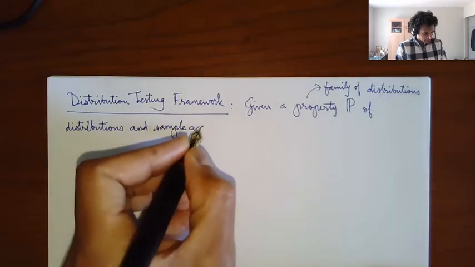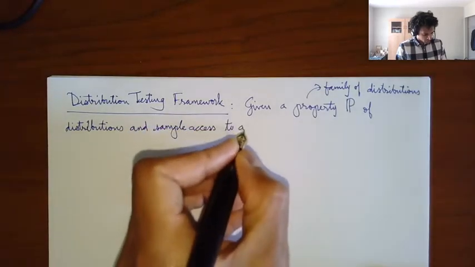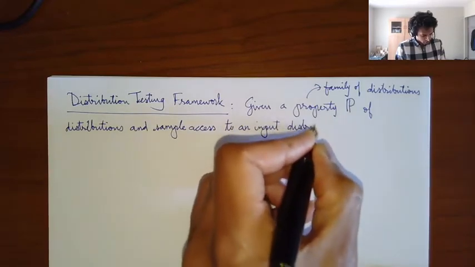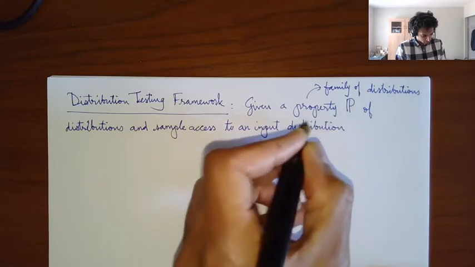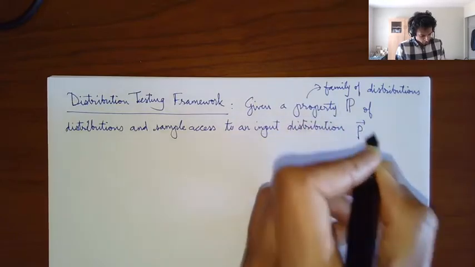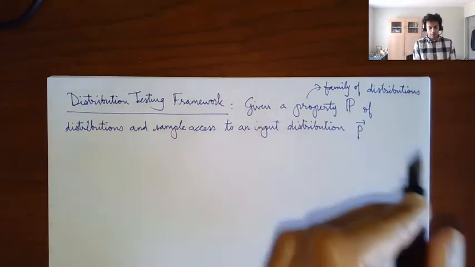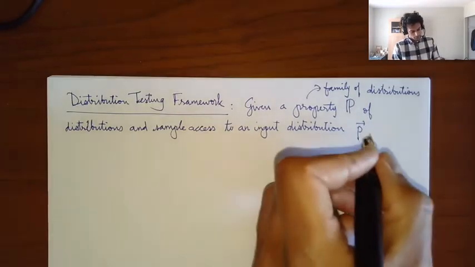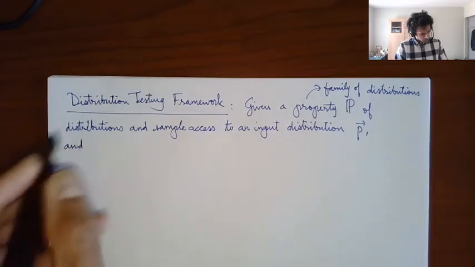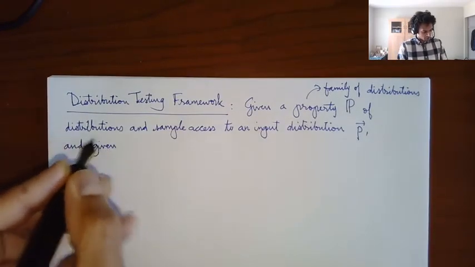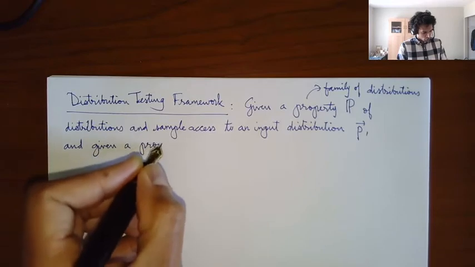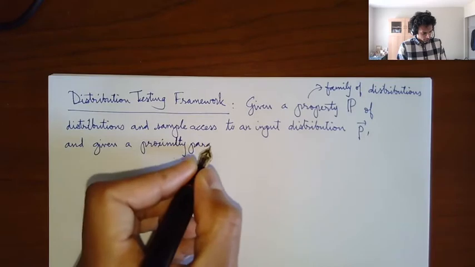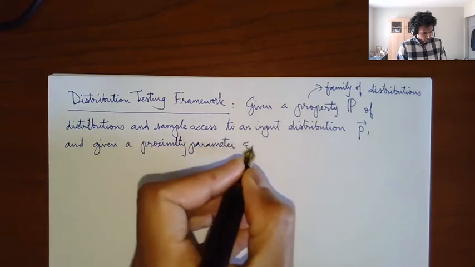So given a family of distributions, which is also referred to as a property of distributions, and sample access to an input distribution P. So this is the distribution that we're trying to study. So we get sample access to this, and given a proximity parameter, which is called epsilon.